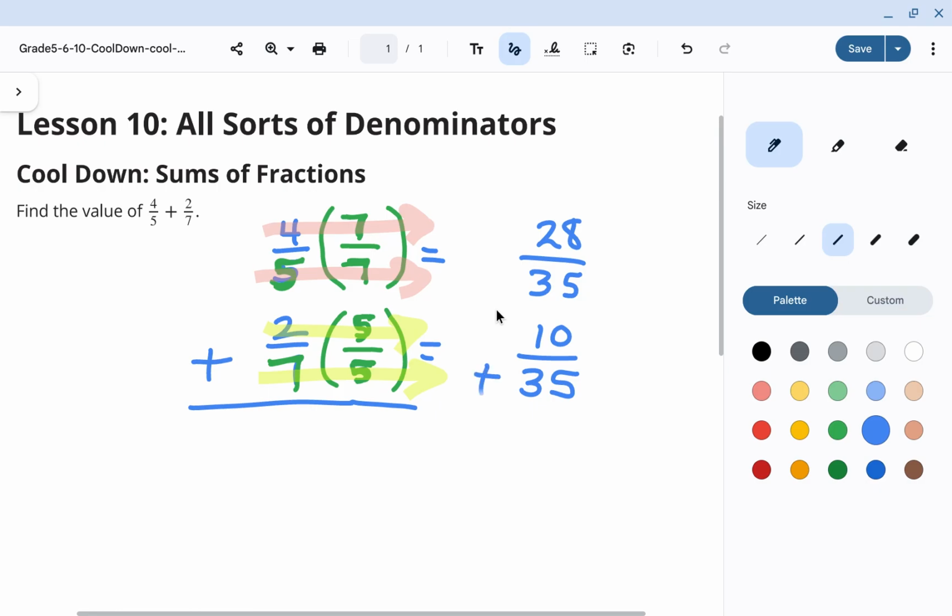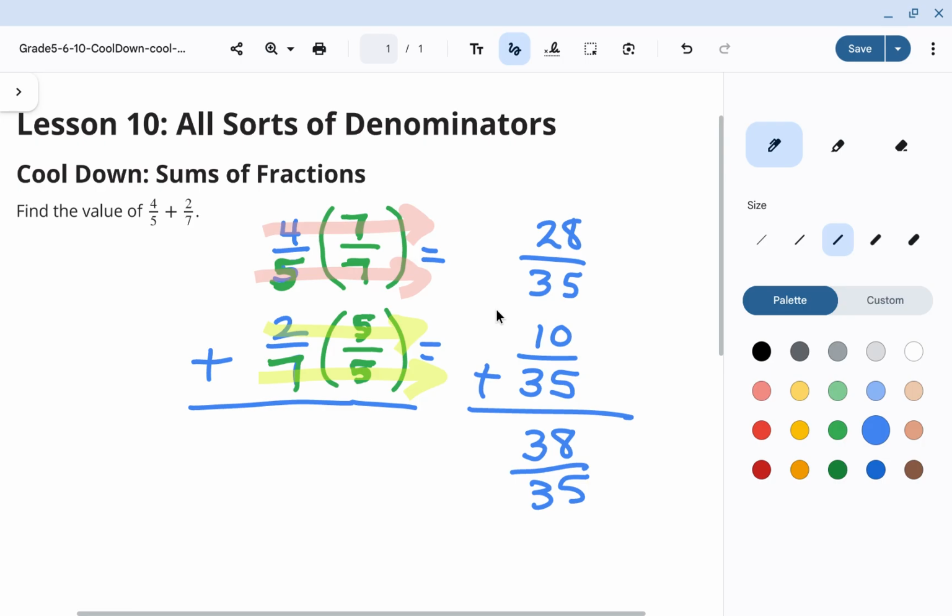Okay, boys and girls, now we can add. I'm going to keep them written vertically since I've started my work that way. I know that 28/35 plus 10/35 is going to give me 38/35. And notice, boys and girls, in this way, we have found our answer for number 10.